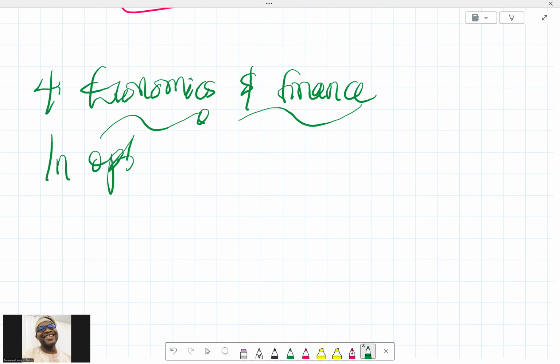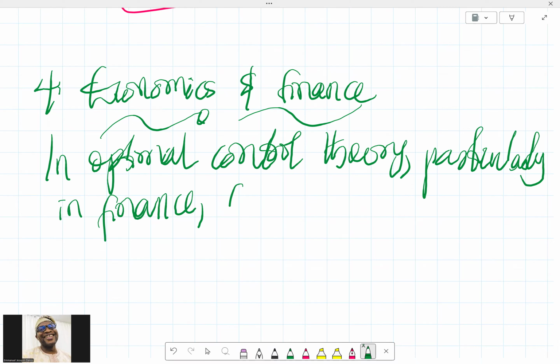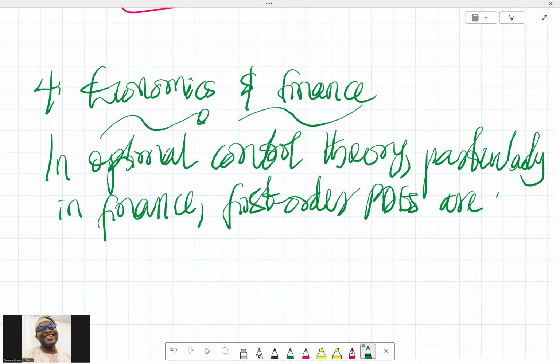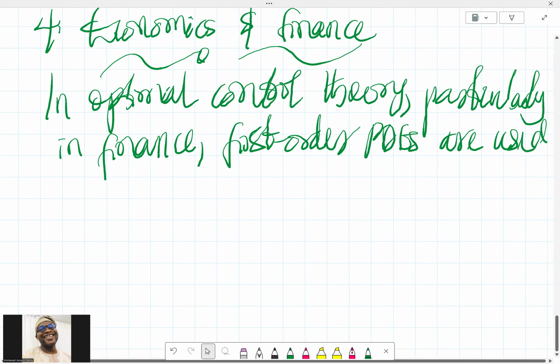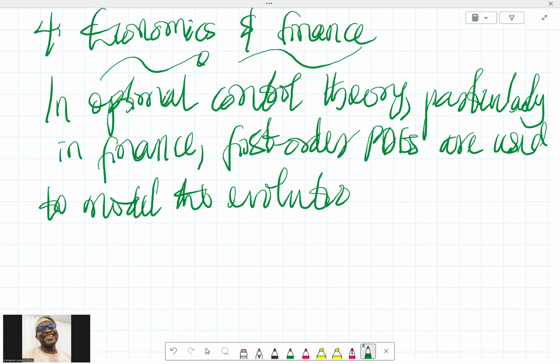So in optimal control theory, particularly in finance, first order PDEs are used to model the evolution of financial variables over time.